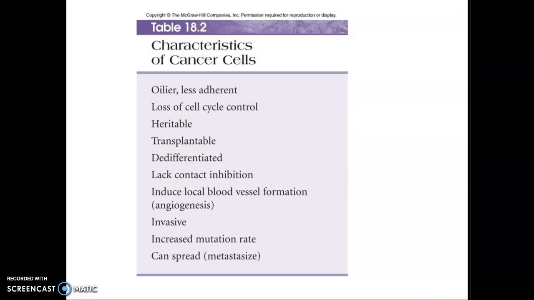Now, characteristics of cancers are these. Some of these we've already talked about, like being invasive, meaning they spread. Transplantable is an interesting one. I told some of the classes already there was a story where a gentleman needed a kidney, and so he had a kidney transplant, and then he developed cancer. Well, it turned out that the cancer was in the kidney that he received, so he ended up suing the patient he received the kidney from. That saved his life.